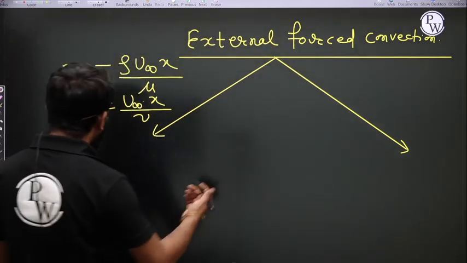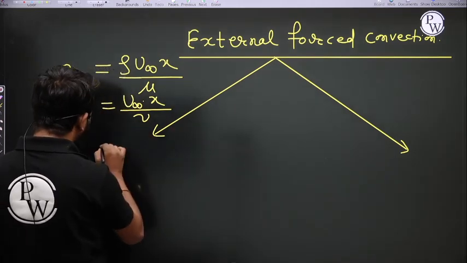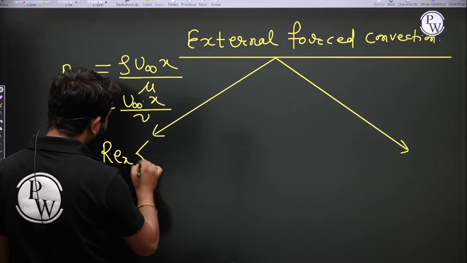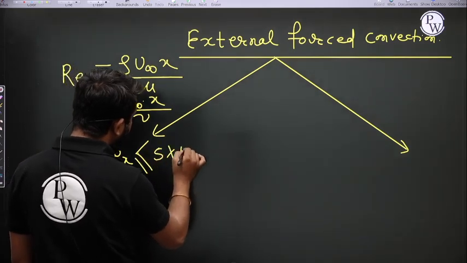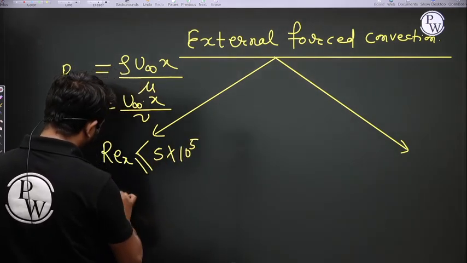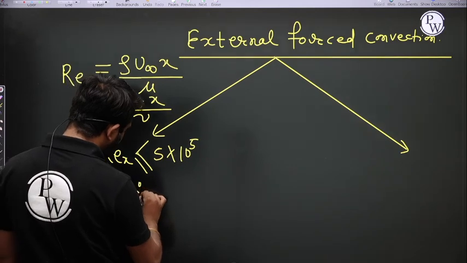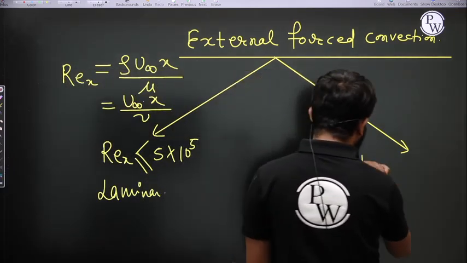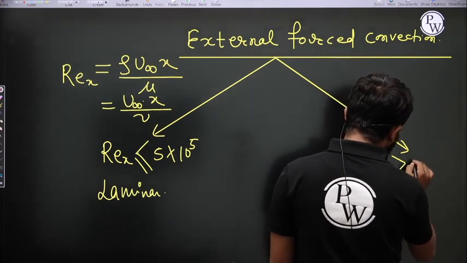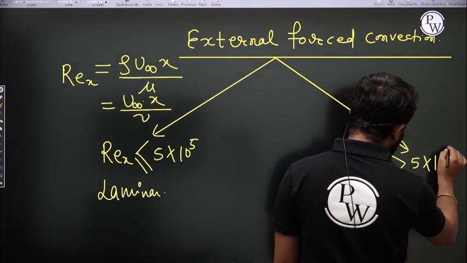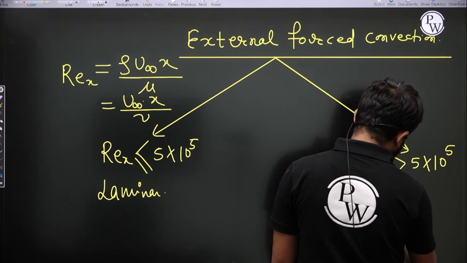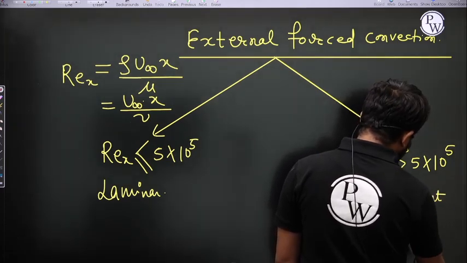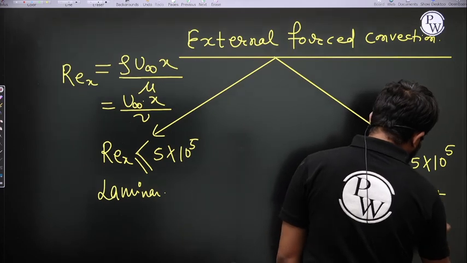So if you are calculating the local Reynolds number at a particular x, if it is less than or equal to 5 into 10 to the power 5, then flow is laminar. And if Re_x is greater than 5 into 10 to the power 5, then flow is turbulent.